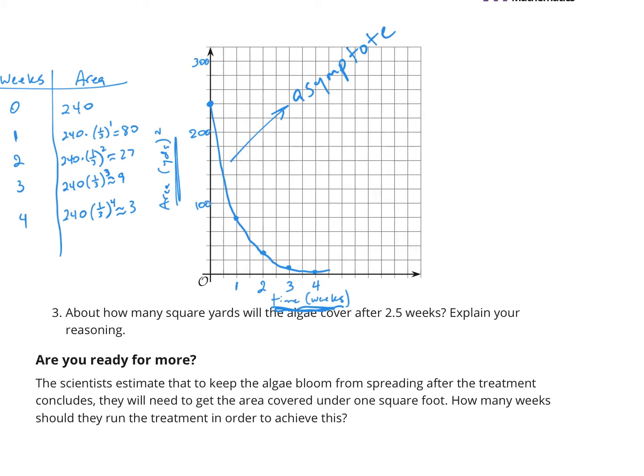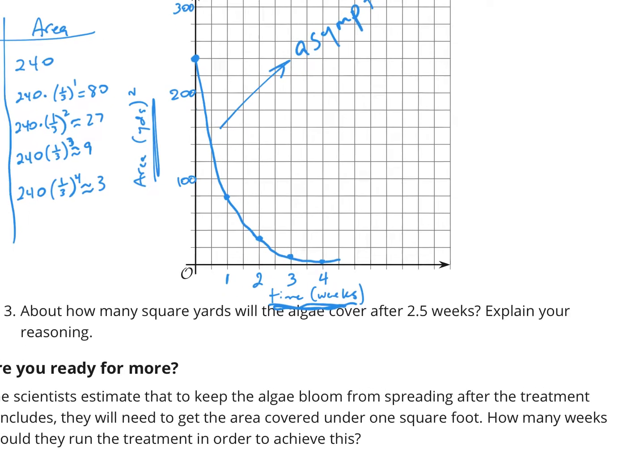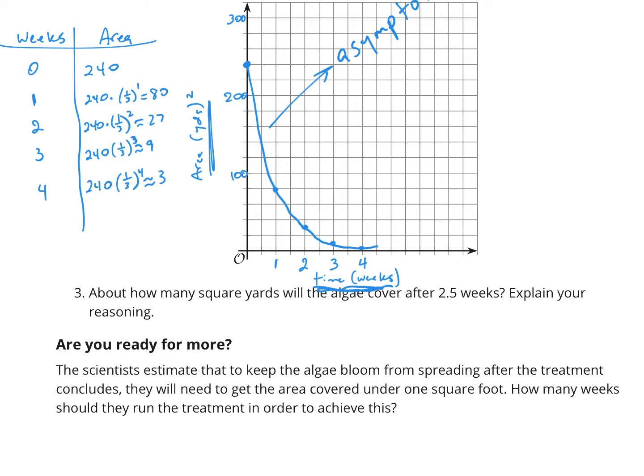All right, question 3 says about how many square yards will the algae cover in 2.5 weeks? Explain your reasoning. For this problem, I didn't necessarily need to know the exact amount.